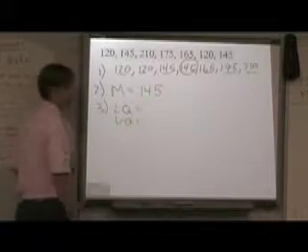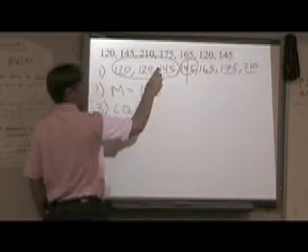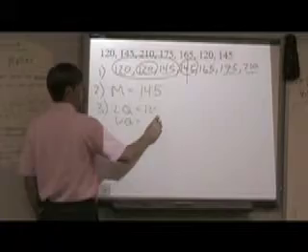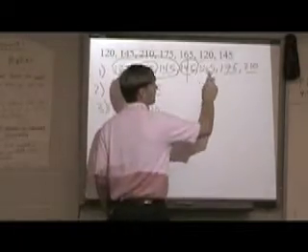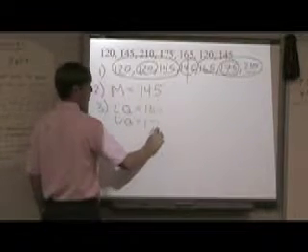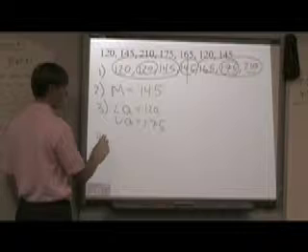Now remember, the lower quartile is the median of the lower half. So what is it going to be? 120. Now the upper quartile is going to be the median of the upper half, which is what? 175.